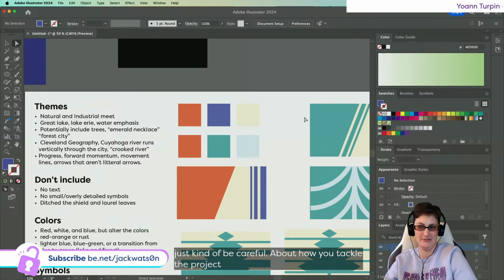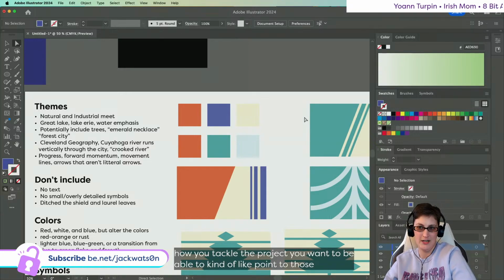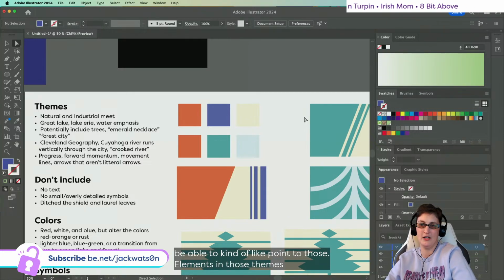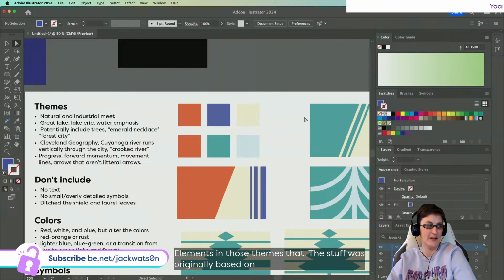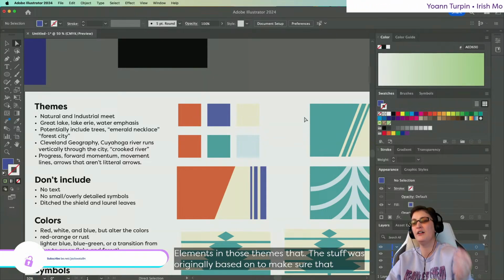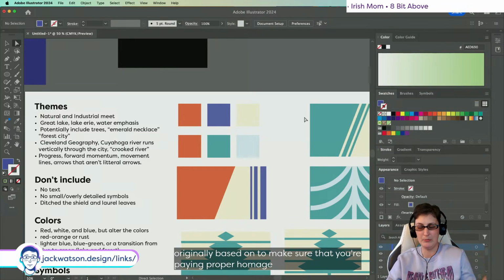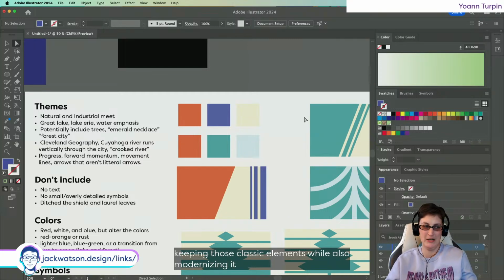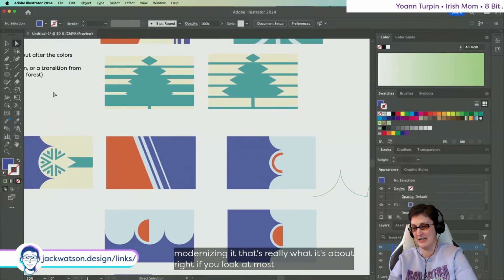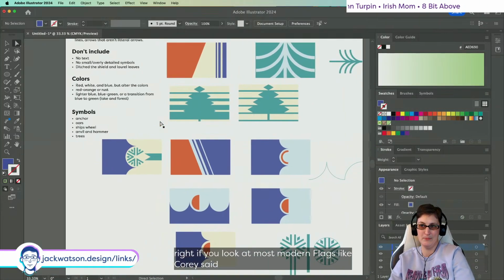You want to be able to point to those elements and themes that the flag was originally based on to make sure that you're paying proper homage and keeping those classic elements while also modernizing it. That's really what it's about, right? If you look at most modern flags, like Corey said, they're usually very simple.